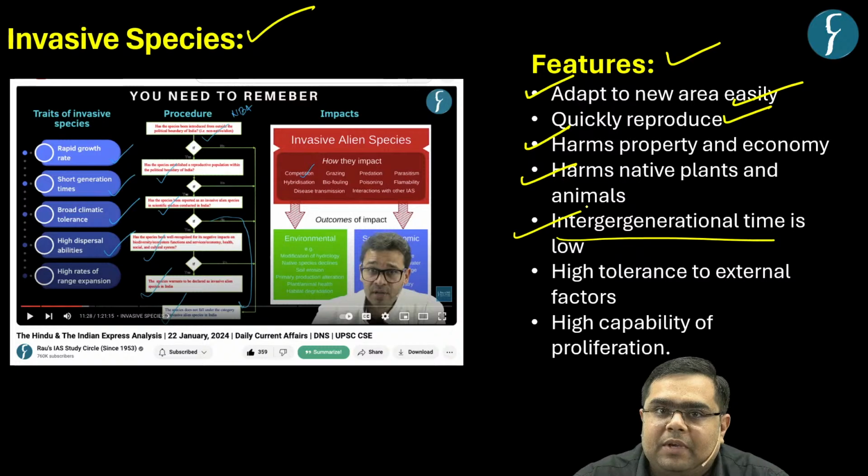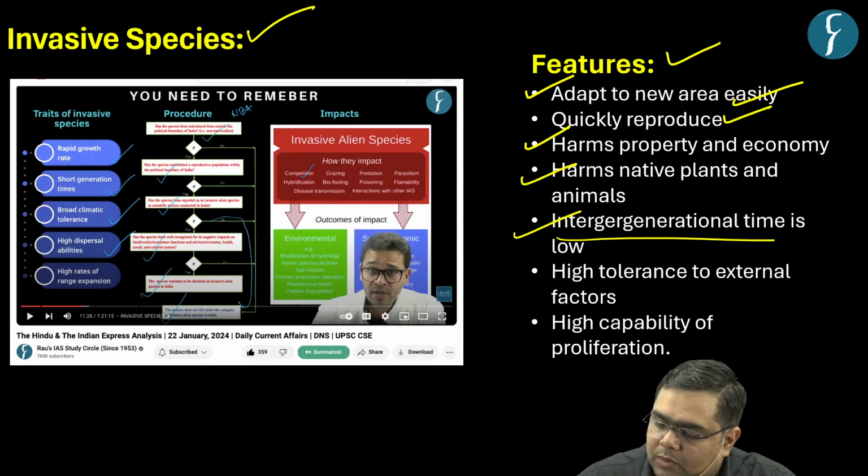What is the meaning of intergenerational time? These species reproduce so easily and new species grow very fast. Because of this very low intergenerational time, the number of those species in a particular environment rises so rapidly that it becomes uncontrollable.